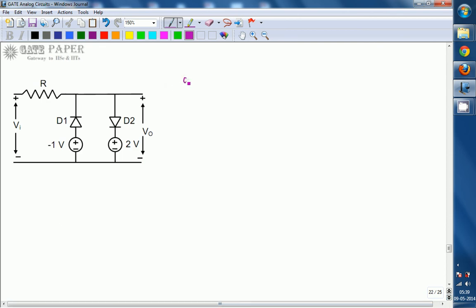With respect to D2, we can draw the equivalent circuit: it has an internal voltage drop of 0.7 volts with the P side positive and the N side negative, and it is connected with 2 volts. So the total voltage on the N side is 2.7.